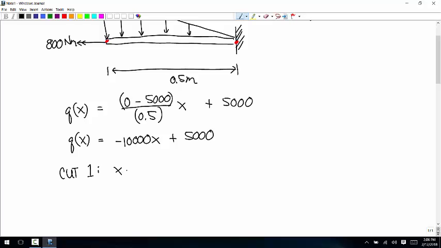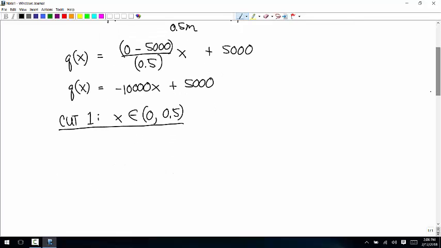This is valid for any x value between 0 and 0.5. I'm going to stop drawing that light blue part, but there's a whole part of the beam that's cut off over here, and we're ignoring that. We're only isolating some piece on the left.